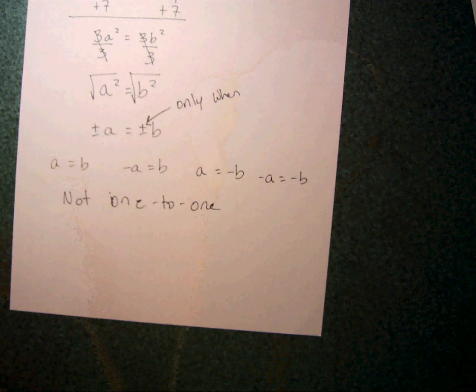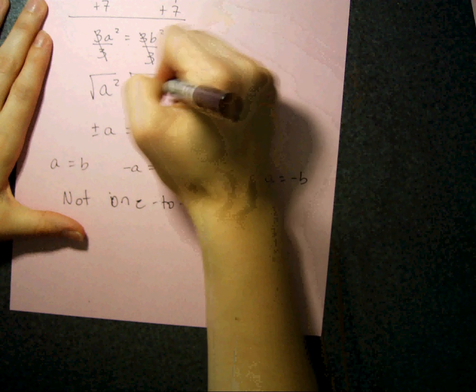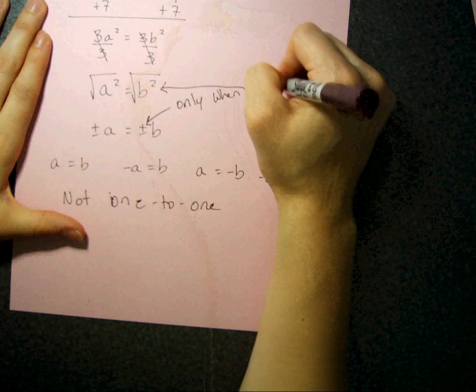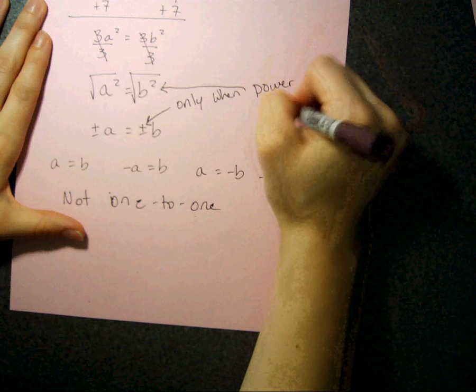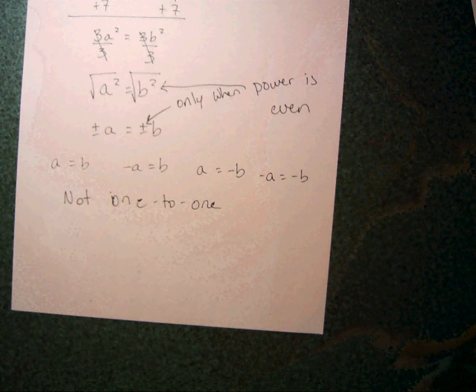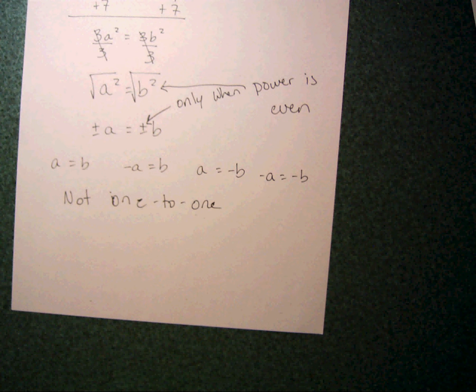Only when the power is even. If it was to the third power, or the fifth power, or the seventh power, or anything like that, I don't have to worry about the plus or minus. Okay? So only when my power is even do I have to account for the plus or minus.